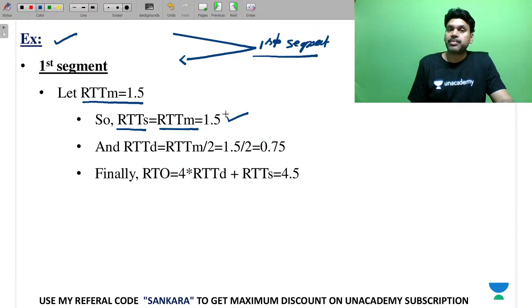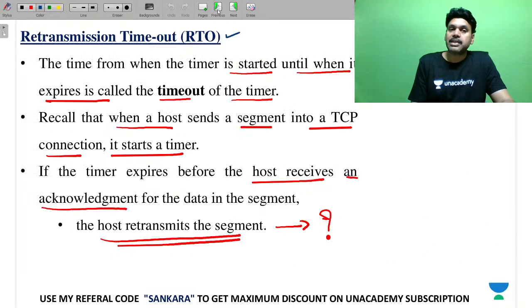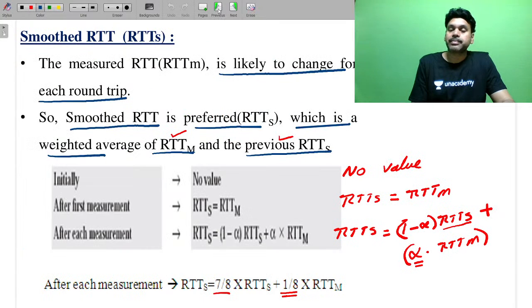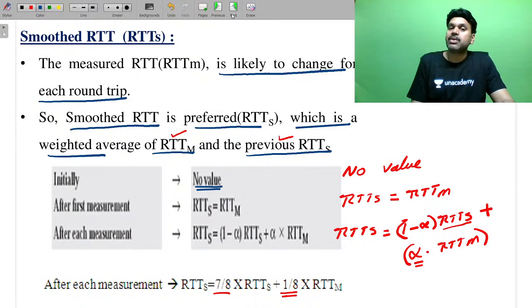Initially they were 0, and at the time of the first exchange it is going to be done. Please recollect. So come to RTTS: initially no value, but after the first measurement your RTTS is equal to RTTM.